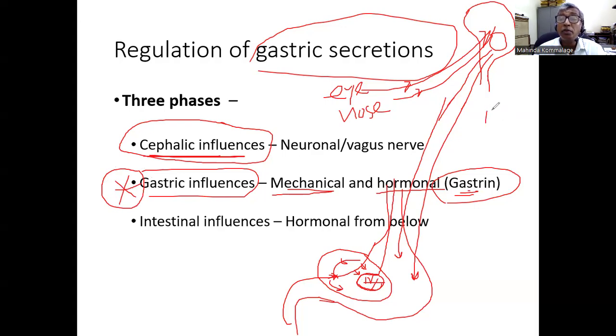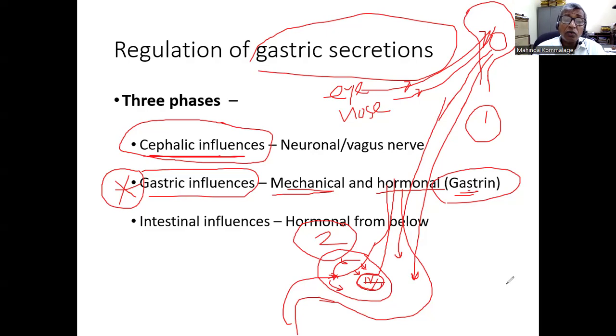So the cephalic influence is the first one, and the gastric influence or local reflex is the second one. But the second one is the most potent, most prominent, volume wise. It can create large secretion, right?